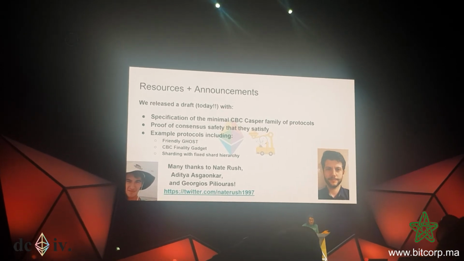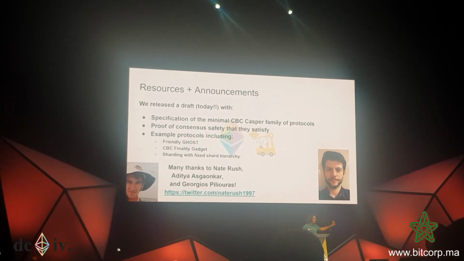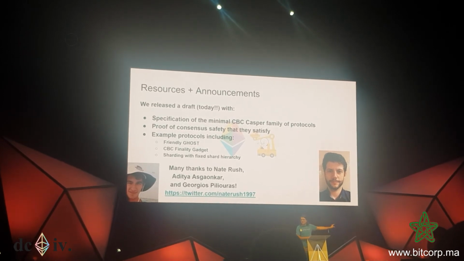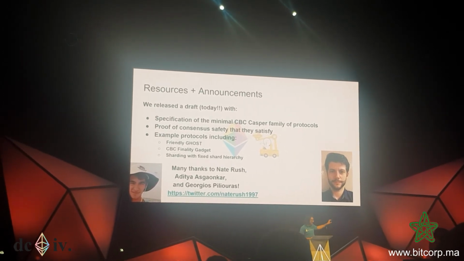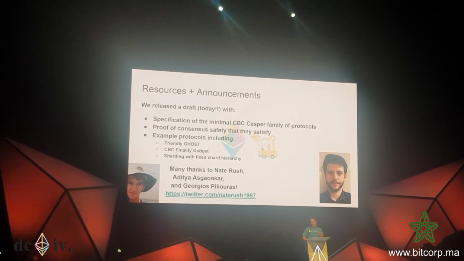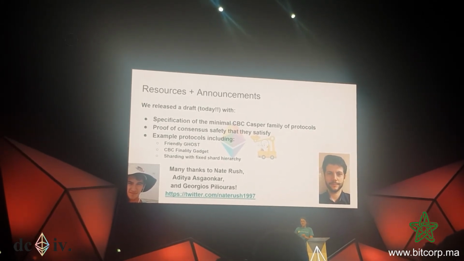This is an exciting one. We kind of released the draft, or are going to release a draft. I wrote these slides. I thought we'd have it released by now, but we're going to release a draft today. Oh wait, it is released. My bad. GitHub.com/CBC-Casper.